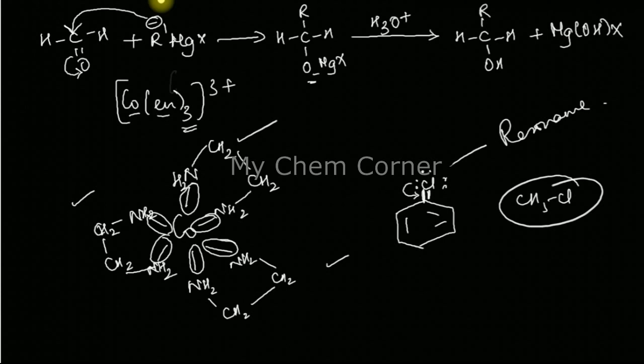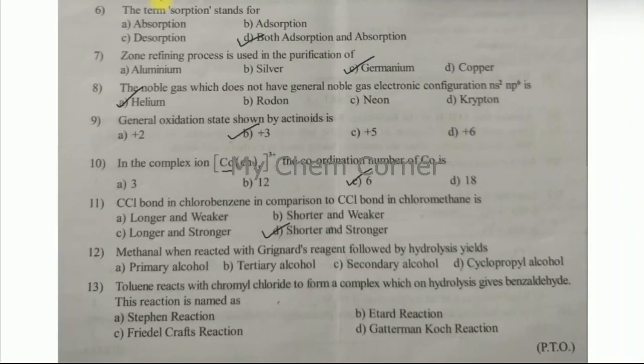Now I have OH bonded to a carbon which has only one alkyl group, or a carbon that has 2 hydrogens. So the nature of this alcohol should be a primary alcohol. So the answer has to be primary alcohol.